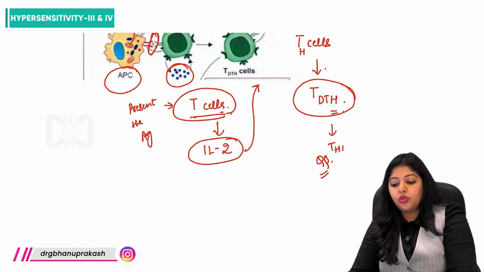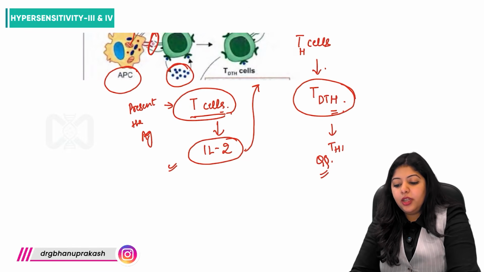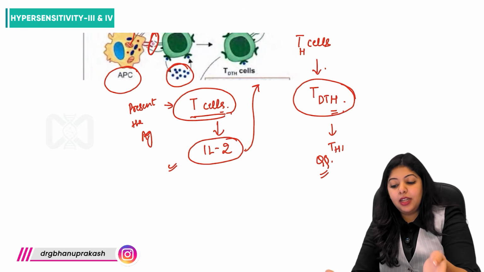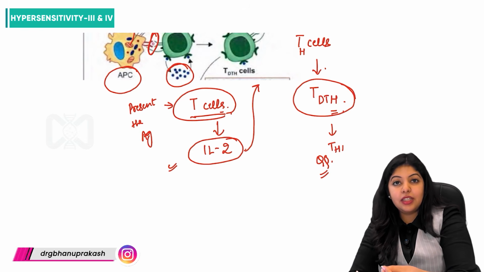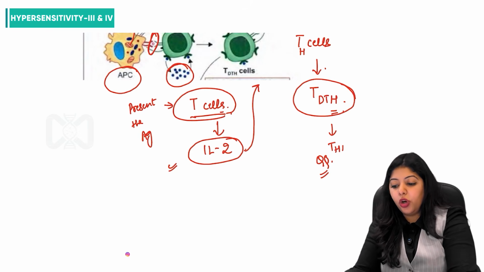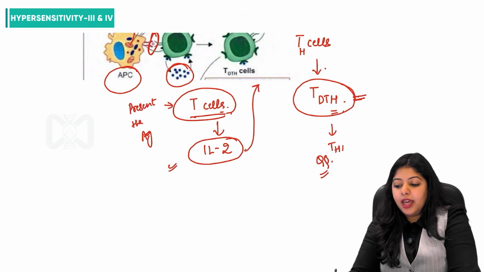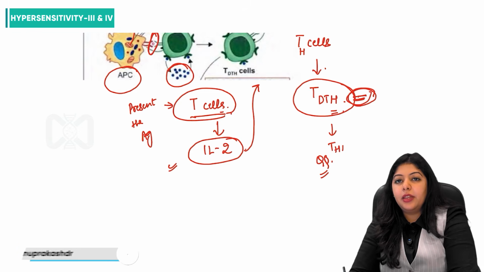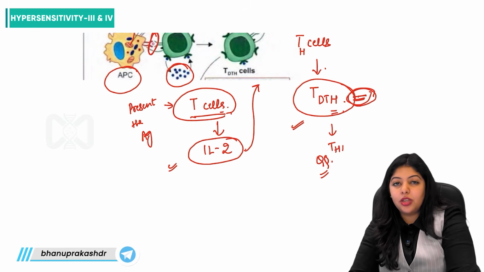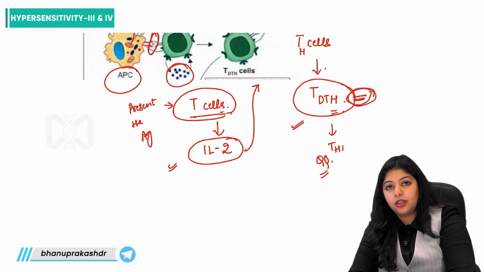These T helper cells are majorly derived from Th1 cells, you must remember, in majority of cases. So now what is this interleukin 2 doing? It is telling these T helper cells that I am getting released and I am going to lead to your excessive proliferation, and these delayed type hypersensitivity cells occur.